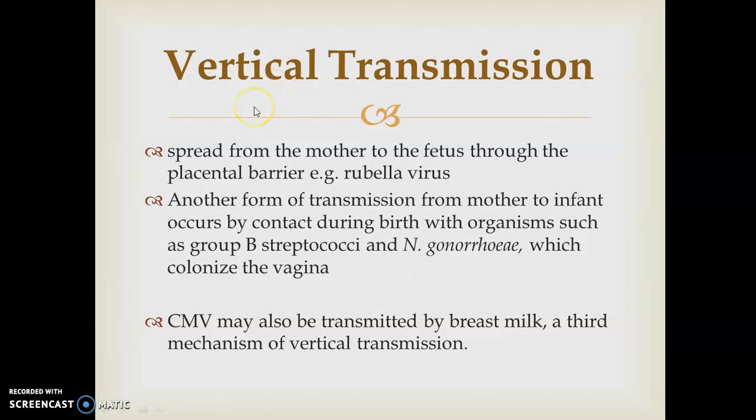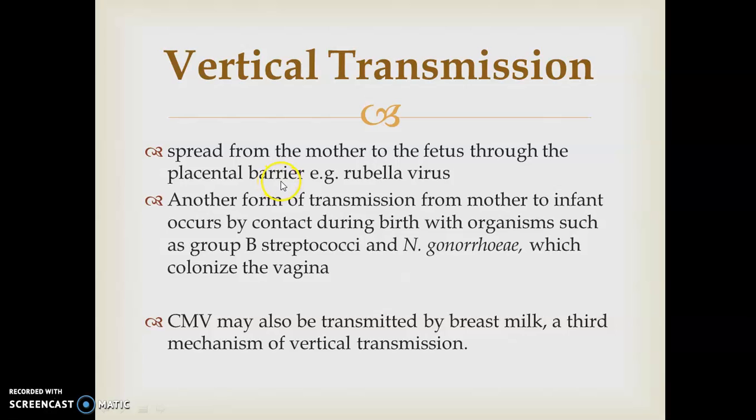And the second major type is vertical transmission, as we have talked about horizontal and vertical transmission. The earlier ones were the types of horizontal transmission, and now this is vertical transmission. Vertical transmission spreads from the mother to the fetus through the placental barrier.